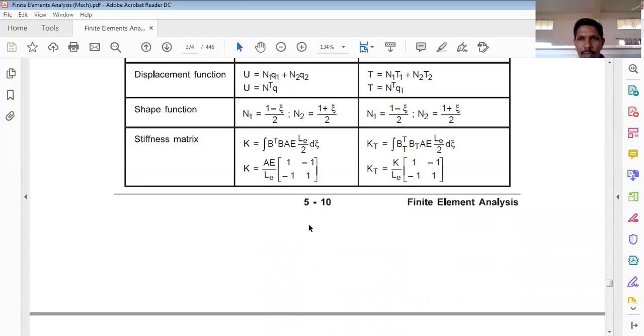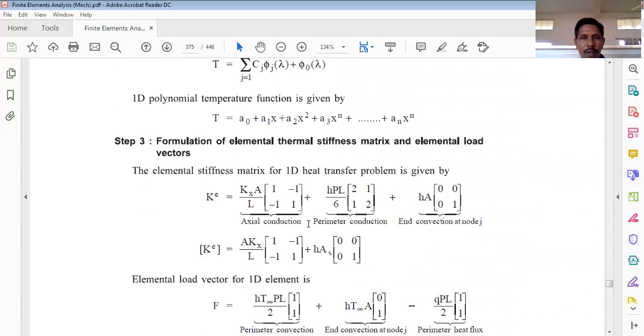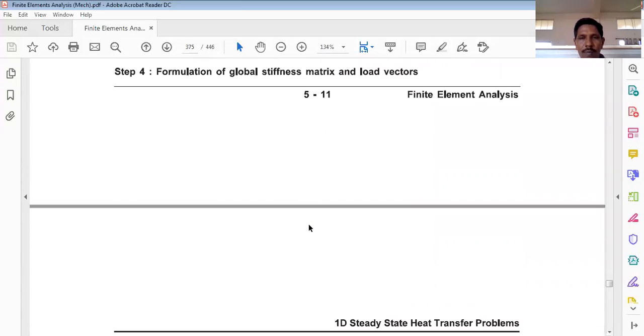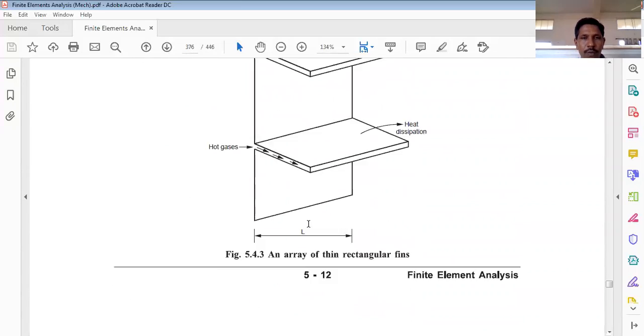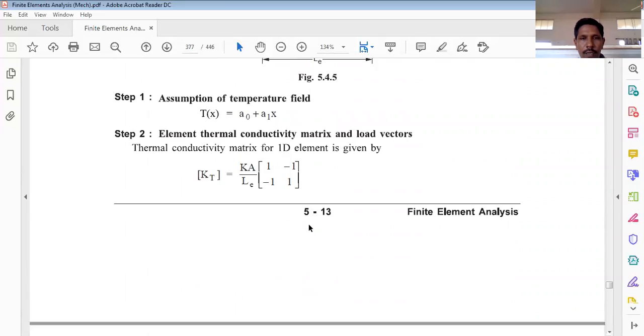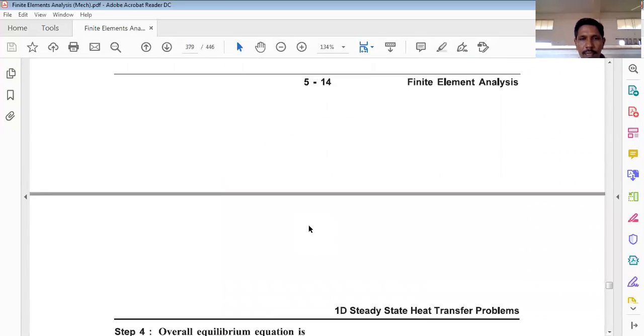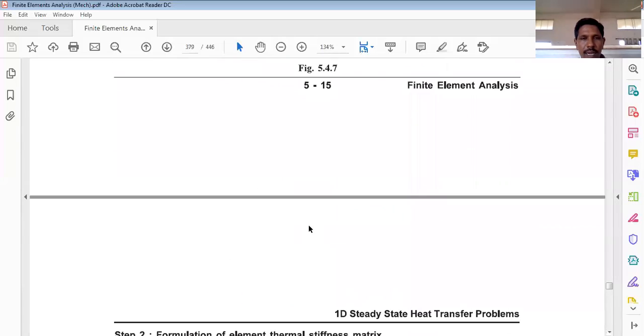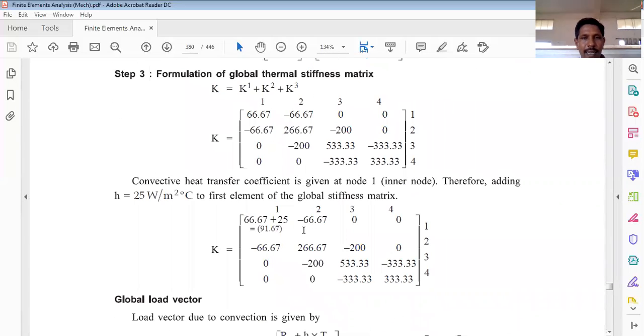That value of h is to be added to the 1 cross 1 entry, which is the diagonal element of node number 1. So when the convective heat transfer coefficient is added to the 1 cross 1 entry, that is 66.67 plus 25, this comes out to be 91.67.